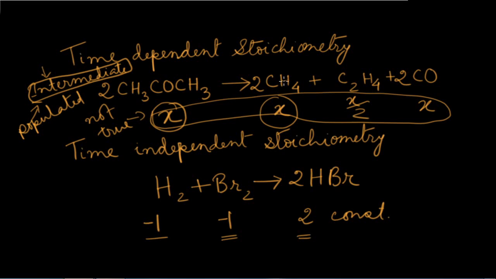Although stoichiometrically you should get it, you are not going to get it because there is a significant population of the intermediate. So this kind of reaction, which does not follow the stoichiometry throughout the reaction, is said to follow time dependent stoichiometry.